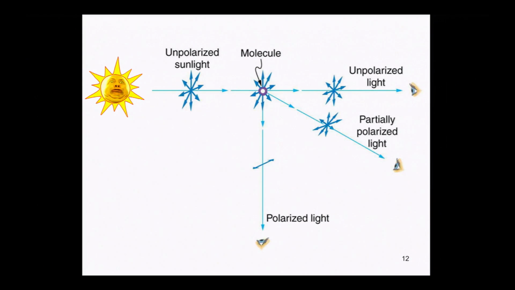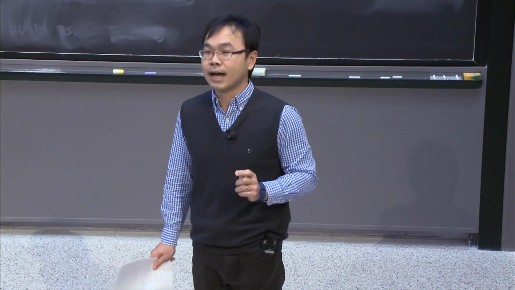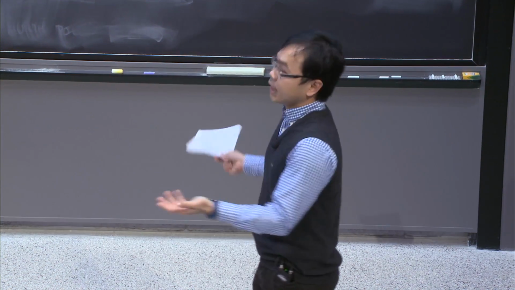So now we know what is happening at the sun. At the sun, something is oscillating, or at least there is some kind of emission, and those emissions are not correlated to each other, and that produces unpolarized sunlight. So if you look into the sun, you are looking at unpolarized light.